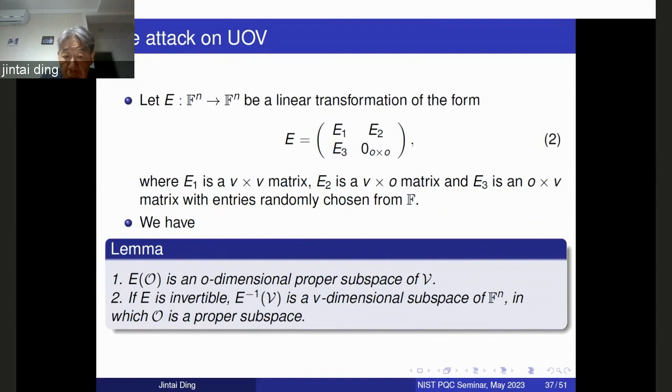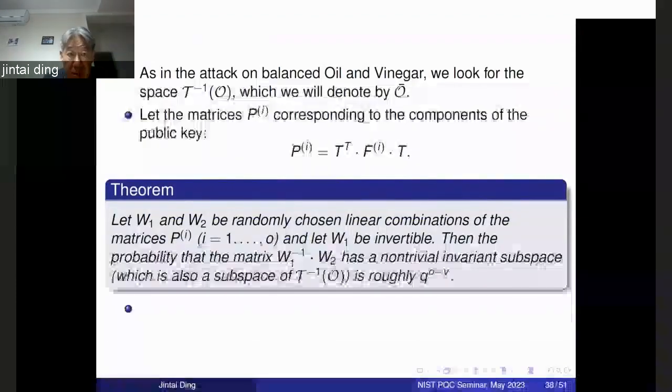EO is an O-dimensional proper subspace of V, which means this matrix still will transform the O space into V. And if E is invertible, then E inverse V is a V-dimensional subspace of Fn with O as a proper subspace. And this can be easily checked using matrix computations.